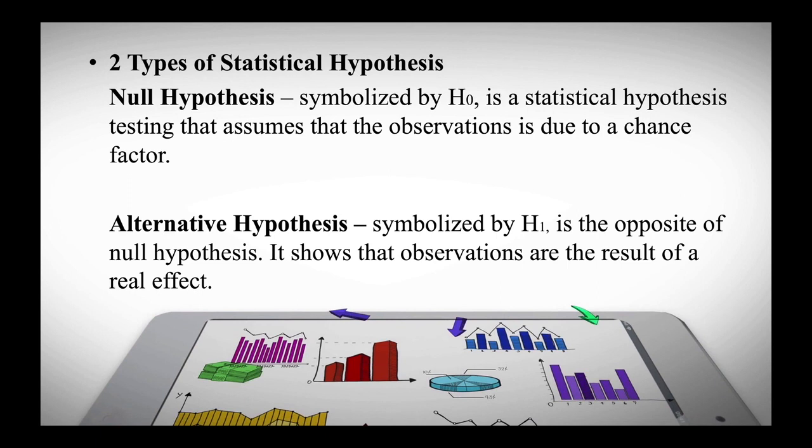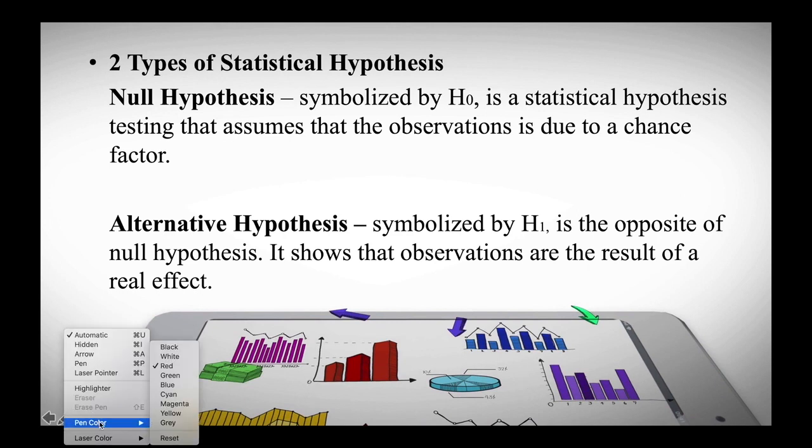Null hypothesis is symbolized by H sub 0, which is a statistical hypothesis that assumes that the observations are due to a chance factor. So kapag null hypothesis, lagi siyang may equal. Tandaan niyo to, huwag niyo kakalimutan.